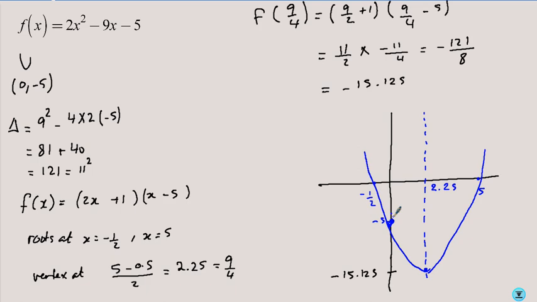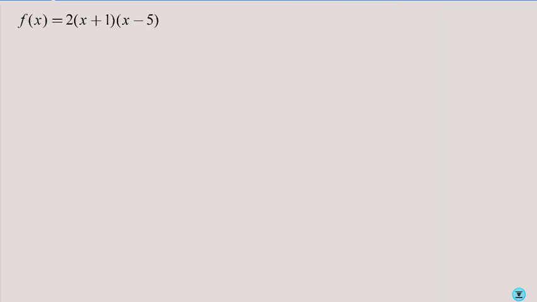This next example is very easy because it's already factorized, so we already know that there are two roots. We know that it's concave up. We know that the two roots are at x equals -1, x equals 5.